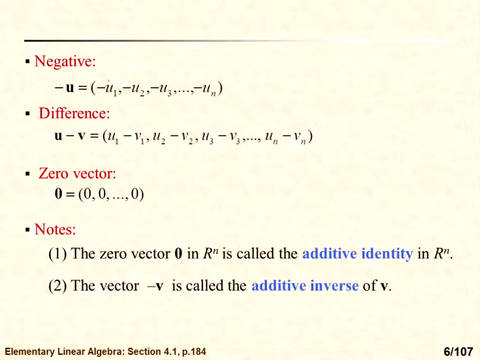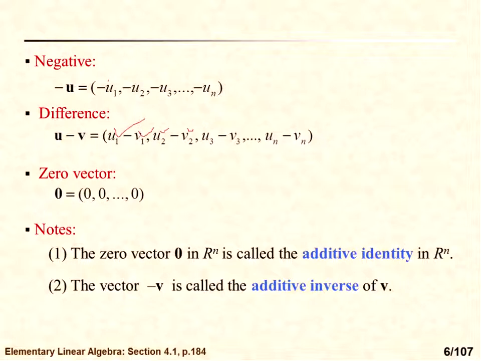So for the difference of two vectors, just as when you add, similarly you can subtract: u1 minus v1, that is, every component is subtracted from the corresponding component, and similarly u2 minus v2. So this is the method to do addition, subtraction and multiplication.